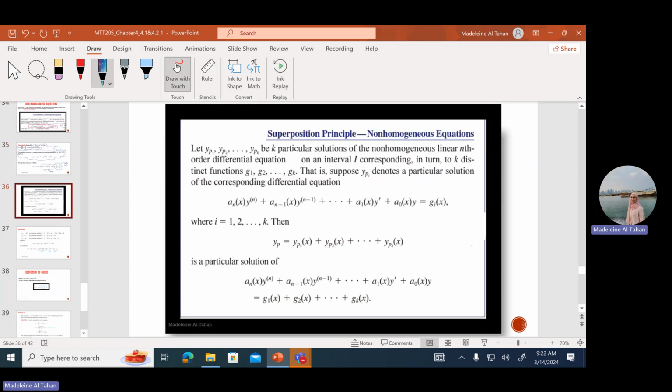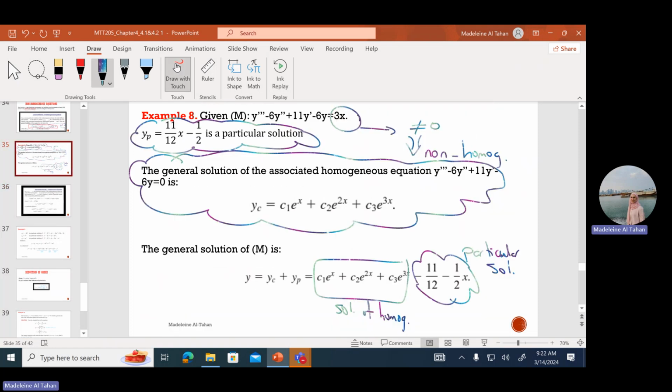Now, sometimes, for the equation there, they switched it. It was 11 over 12x, and then now 11 over 12x plus 11 over 2x. Okay, I think this is the one that is correct: 11 over 12x minus half.